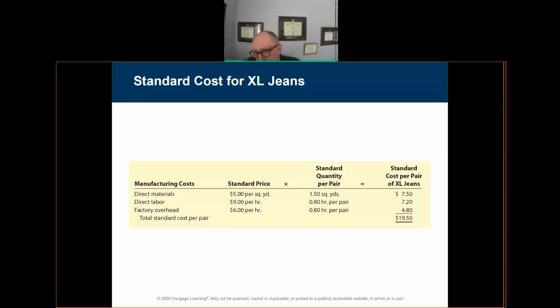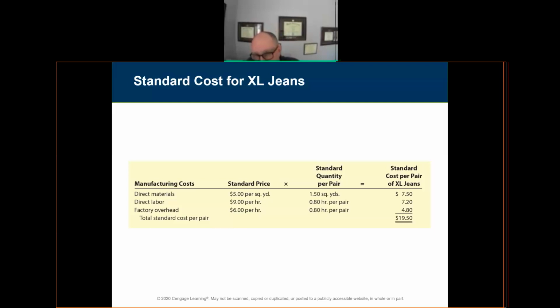It currently takes 0.8 hours, not 1 full hour, but 0.8, to manufacture one pair of extra large blue jeans. 0.8, it's like 50 minutes, right? So 50 minutes, or 0.8 hours, times $9 per hour gives me a direct labor cost per pair of blue jeans of $7.20.